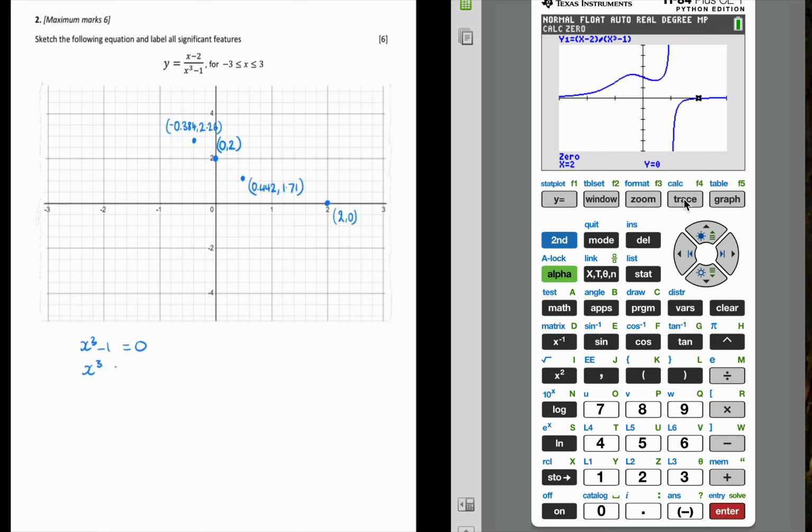So x cubed is equal to 1, in which case x is the cube root of 1. And if I type that into my calculator or numeric solve or whatever I need to do, we find that x is 1. So we actually have an asymptote here as well at the point x is equal to 1.